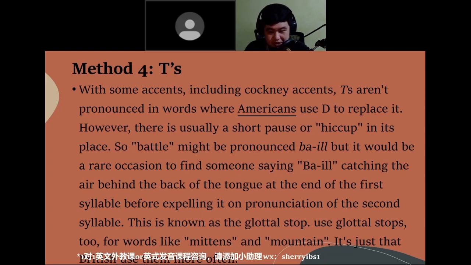It's just that most common people use them more often, because upper classes don't. For example, if you listen to speeches of the King, King Charles, and the Queen, God rest her soul, how she reads and does her speeches, it's always T's. You will hear her T's. It's always there.